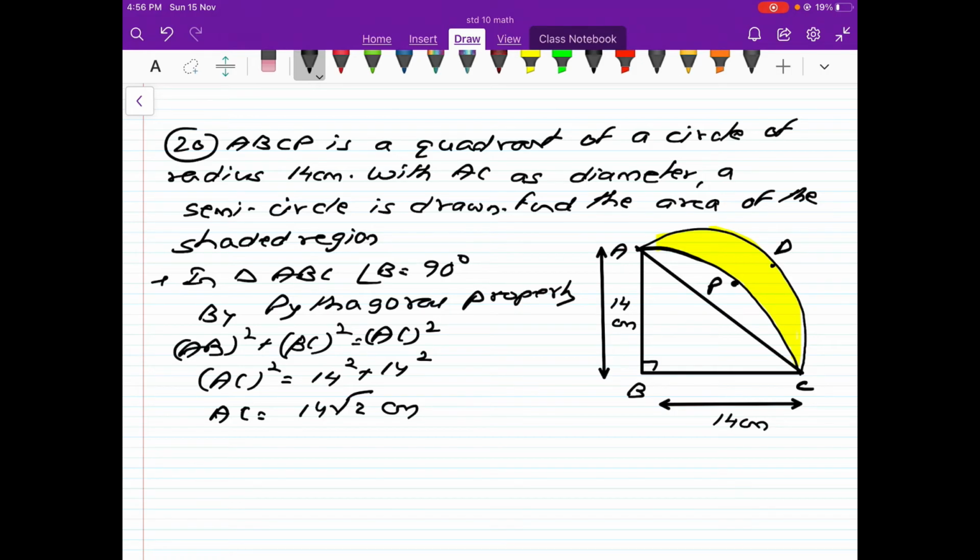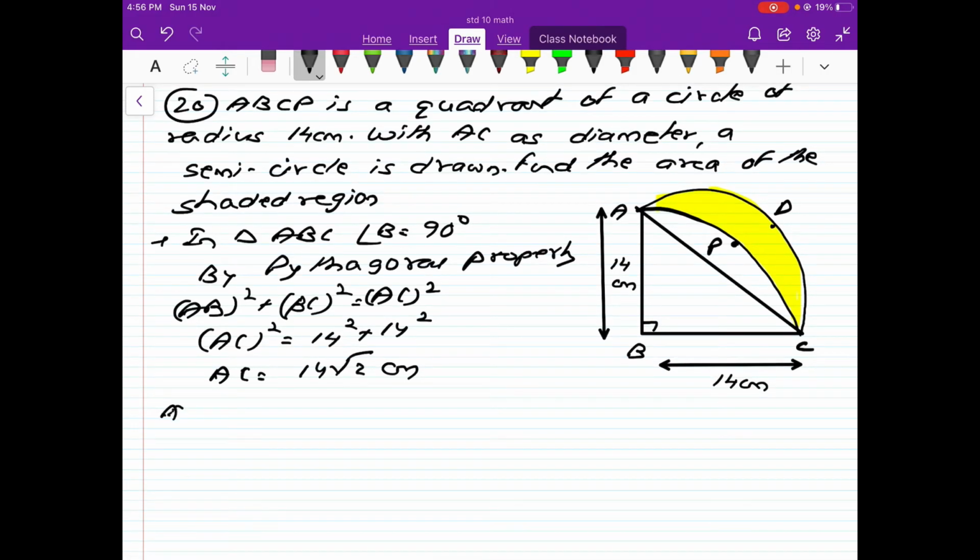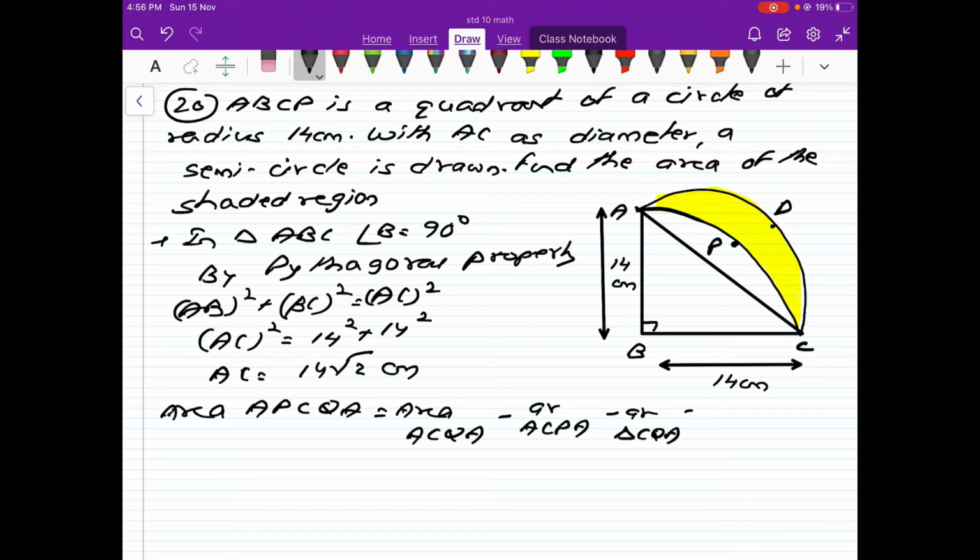So we have got the AC. AC is nothing but the diagonal. Now area of APCQA is given as area of ACQA minus area of ACPA minus area of triangle CQA minus area of ABCPA minus area of ABC.